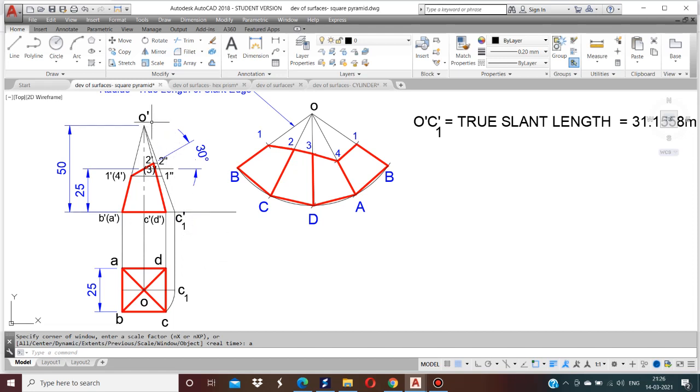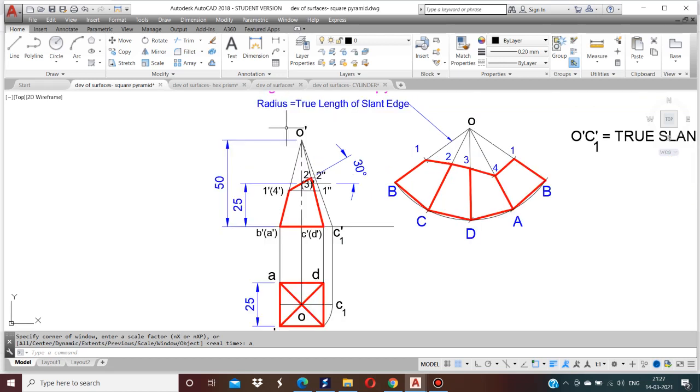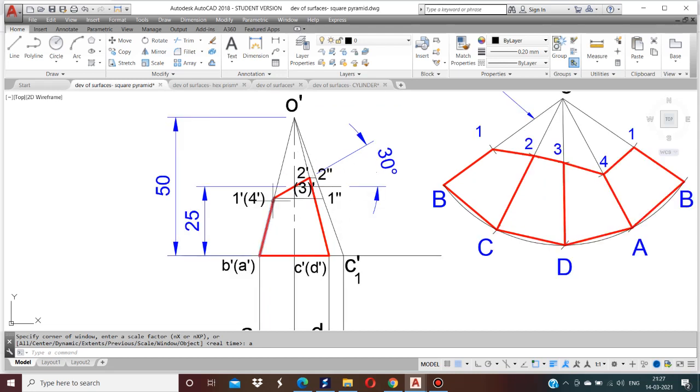Therefore, O dash C1 dash equals the true slant length, that is equal to 31.1558 mm.